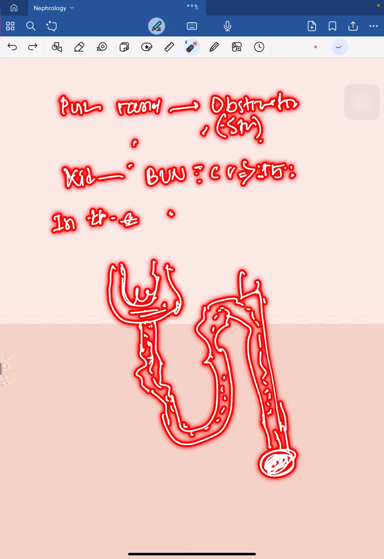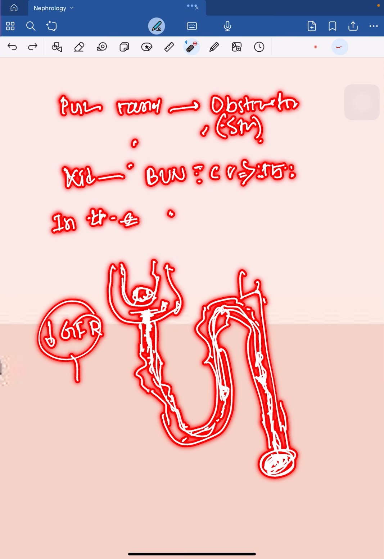So in the post-renal cause, the hydrostatic pressure will increase, as this component needs to get through the collecting duct and ureter, so some obstruction has made it backflow, and it is coming above, and ultimately when this process continues, the hydrostatic pressure increases in the glomerulus, and interstitial pressure also increases. So when interstitial pressure increases, then the glomerular filtration rate will decrease.